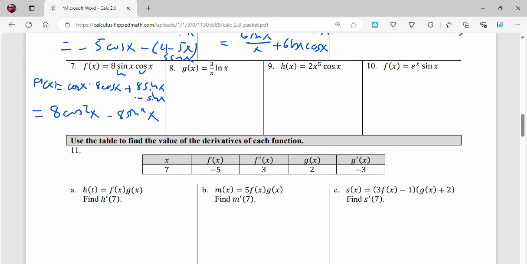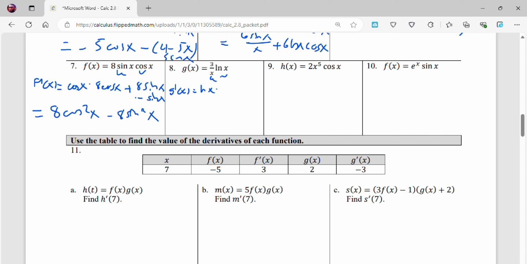Okay, next we have g of x equals 3 over x times ln x. So same thing. Have our u, we have our v. g prime of x is v u prime, right? v is ln x times u prime. Remember that if you have a constant over x, the derivative of that will be that constant, but negative, over x squared.